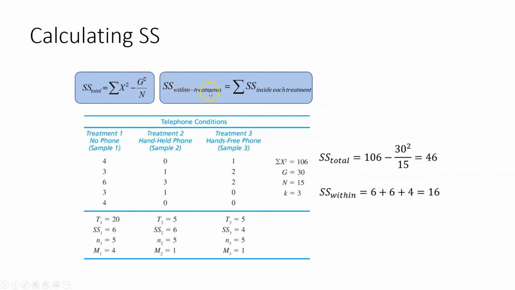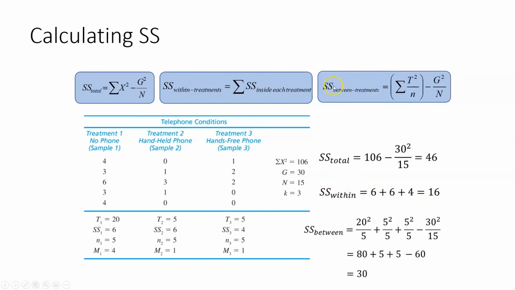The sum of squares within treatments is adding up the sum of squares for each of the inside treatments. So if you take the sum of squares here, and the sum of squares here, and the sum of squares here, and add them together, that's the sum of squares within. The sum of squares between is the sum of all of these components for each condition minus g squared over n.